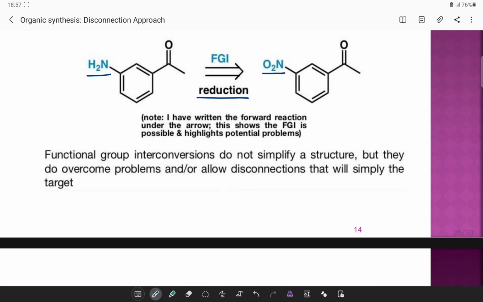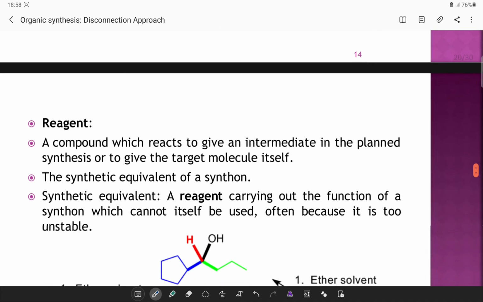If it is difficult to get one functional group, I can write another functional group and easily try to do a disconnection. So this is what is called functional group interconversion.